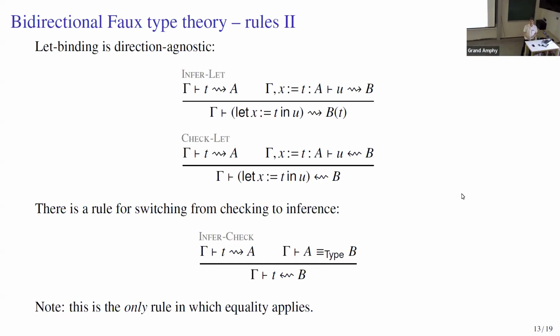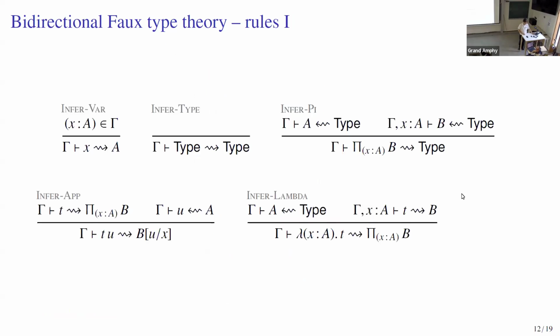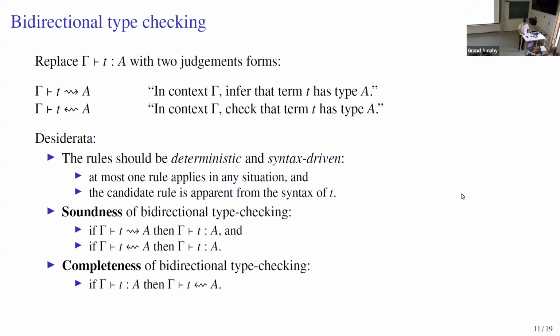Yes. In the definition of completeness, will we gain something if we also have completeness with reference to inference instead of just check? What would it state? Same thing, but move the arrow to the other. That could be a little bit hard because is every term inferring?